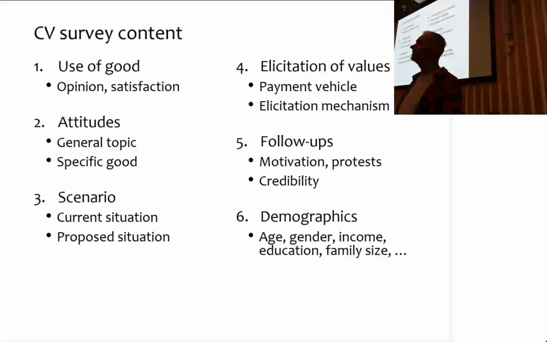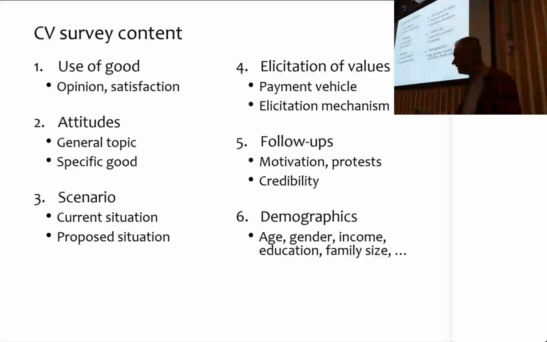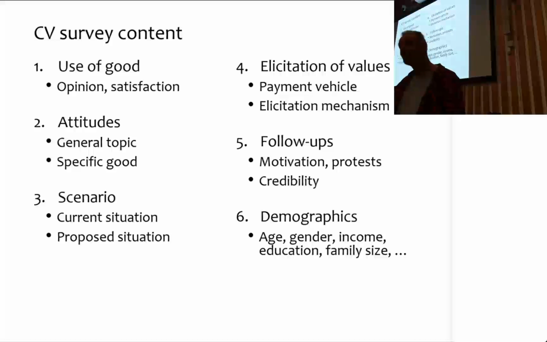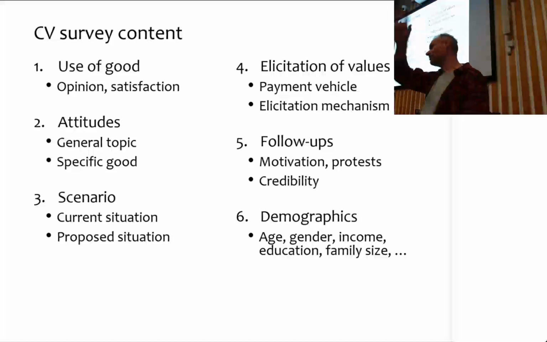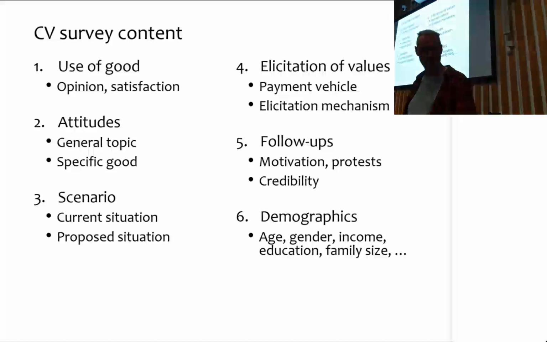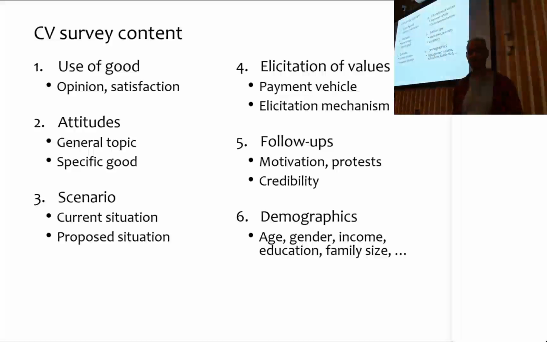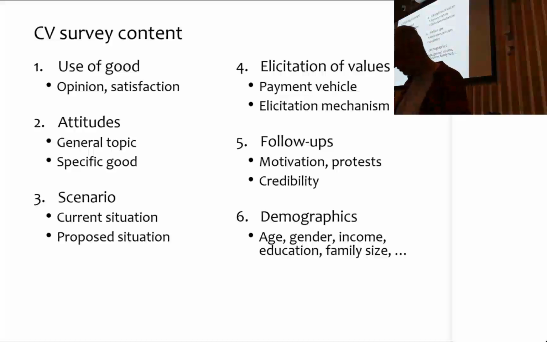That is the sort of stuff that you would need to give them. And then the follow-up question is, the proposed situation is that we go from 825 to 100 spillages per day. And then you need to ask them how much are you willing to pay for that.